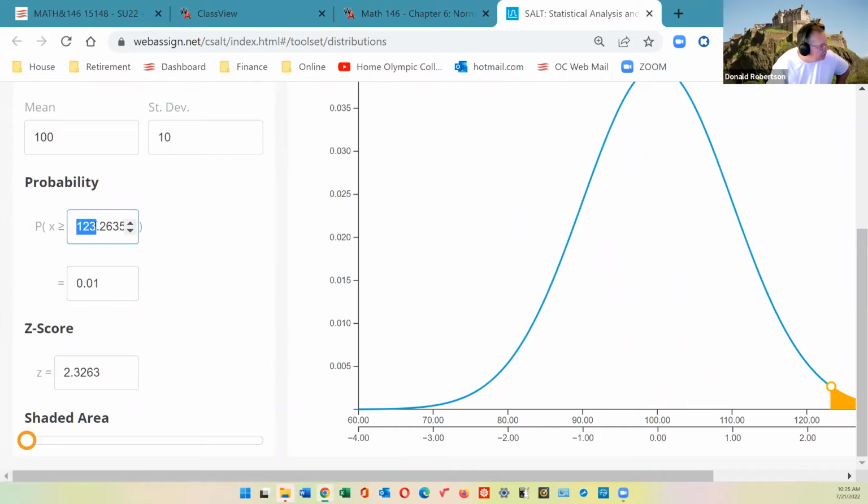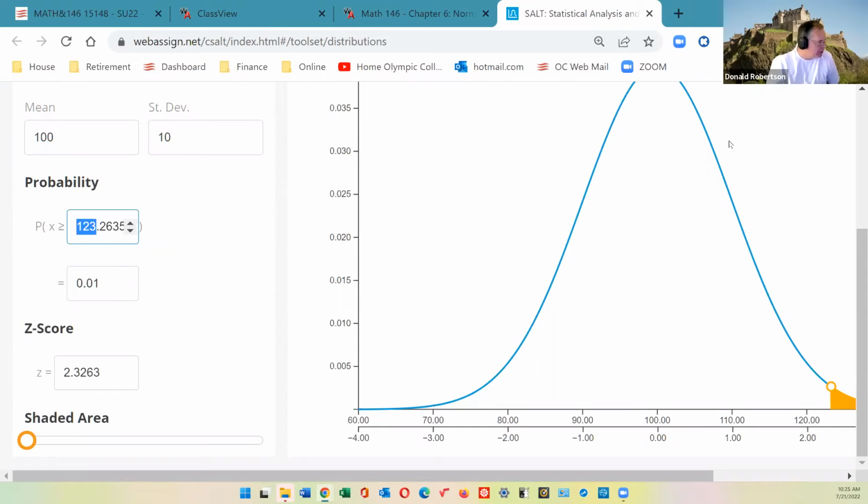And do you see that you would need an IQ of roughly 123? So if you take your IQ and you end up being 129, you can be really kind of chuffed, you know what that word is, right? Pleased with yourself and say, hey, I'm at least in the top 1%.